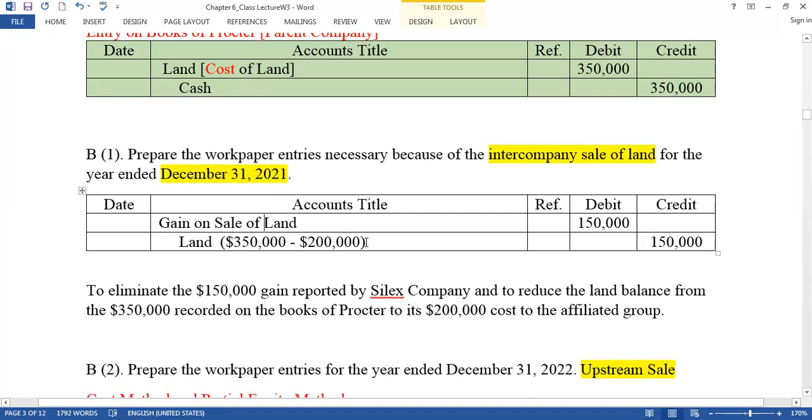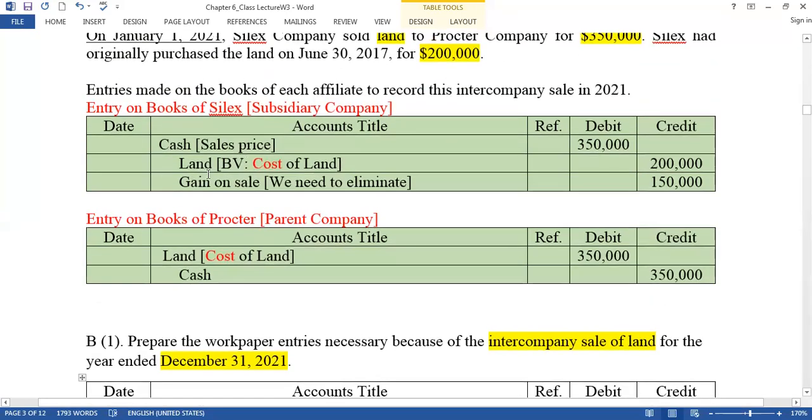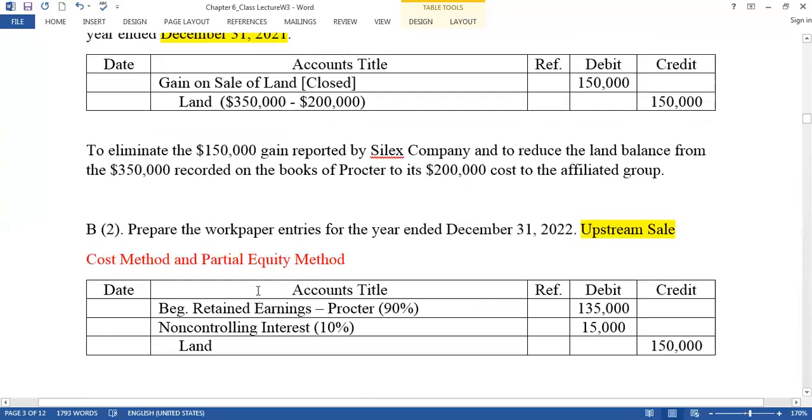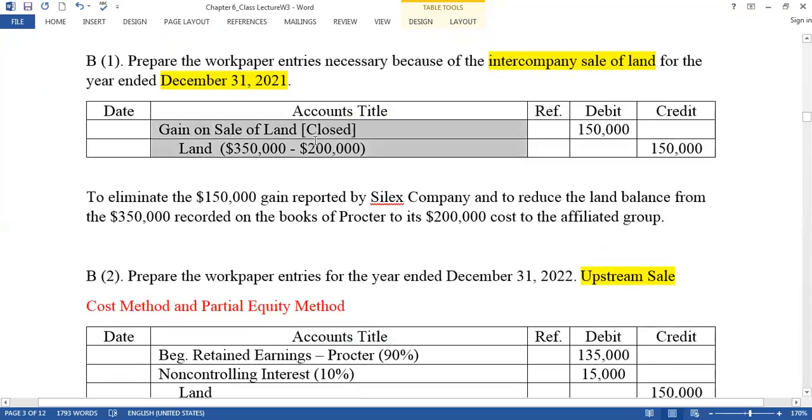What is the purpose? To write one item debit and one item credit. So if we record gain on sale of land debit, it means that the intercompany gain or loss is closed, because usually it was credit, right? Usually it was credit. Now we recorded debit. Now this is closed.